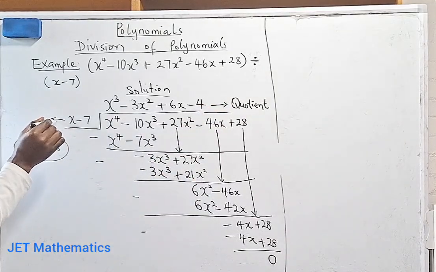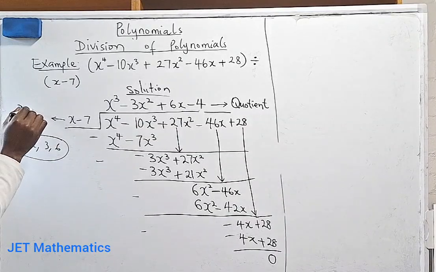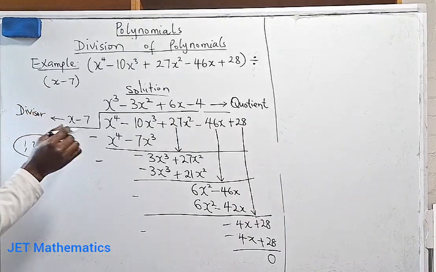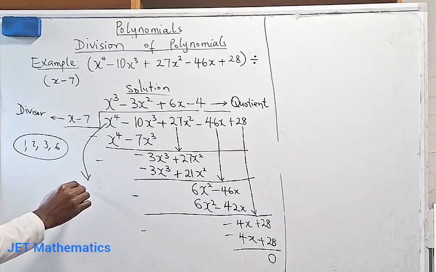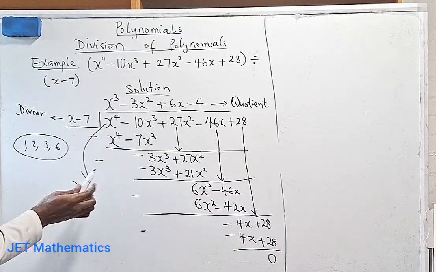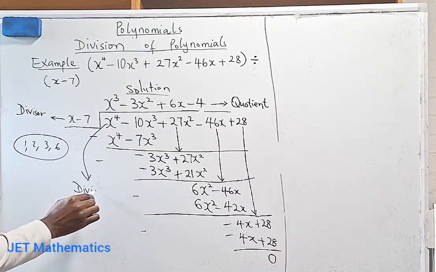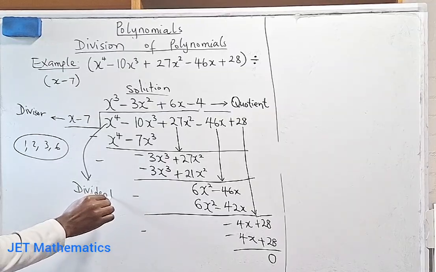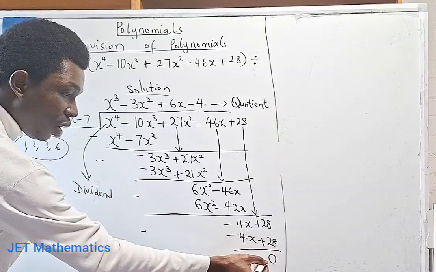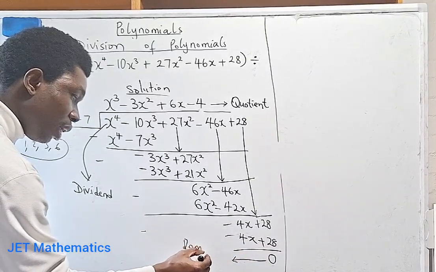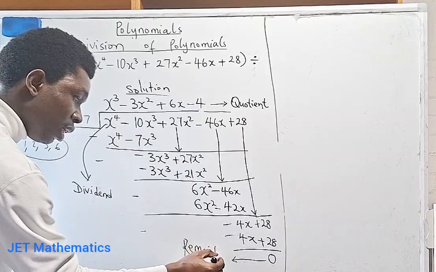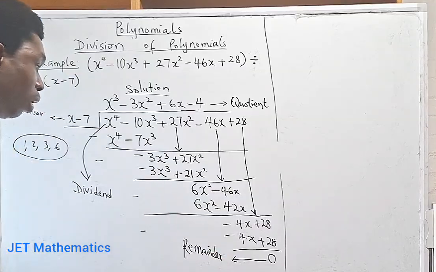This is called the divisor, while this here is called the dividend. While what we have here is called the remainder.